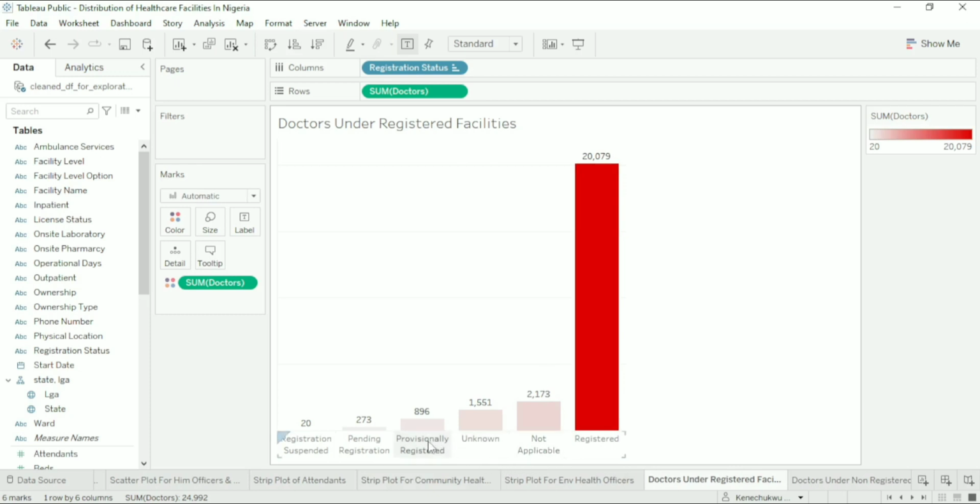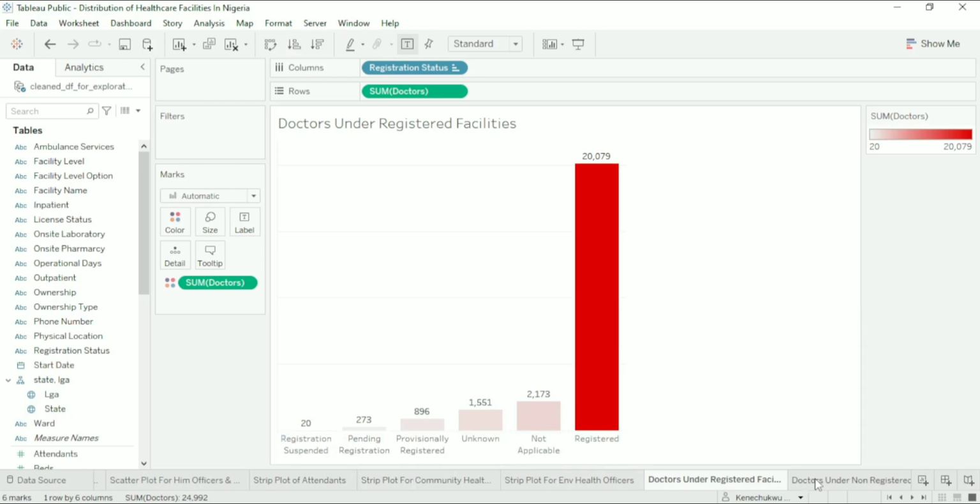Now, what should be focused on here is the ones that are suspended. I think this needs more verification, for the general well-being of Nigerians, to make sure these 20 here are actually not in operation. So the government should check that.